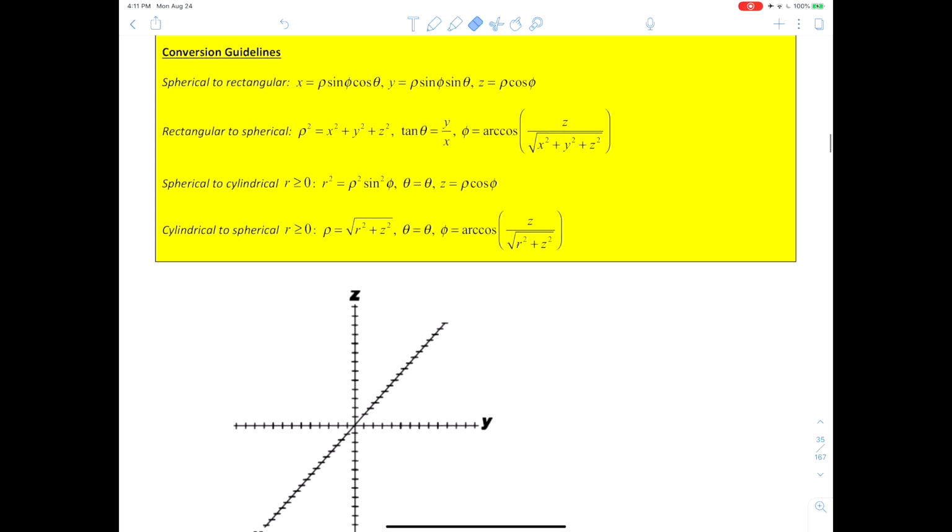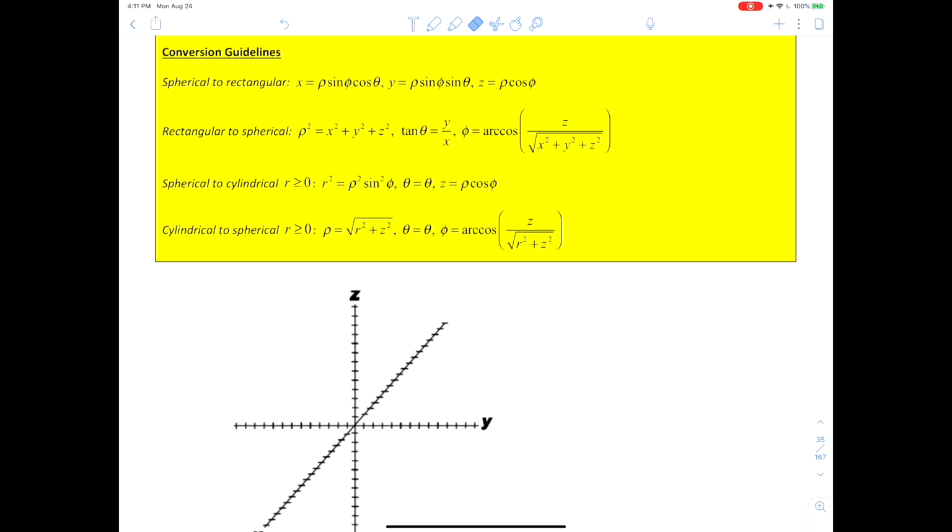And then spherical to cylindrical, r greater than or equal to 0, r squared is rho squared sine squared phi, theta equals theta, nice. z equals rho cosine phi. And cylindrical to spherical, r greater than or equal to 0, rho is equal to the square root of r squared plus z squared, theta equals theta, and phi equals arc cosine of z over square root of r squared plus z squared.